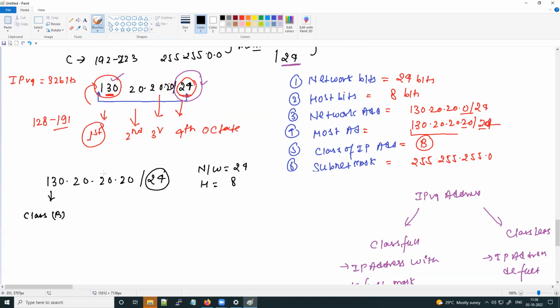Going beyond the default is called subnetting. If this is a class B IP address, the default subnet mask for class B is /16, but what we have here is /24.